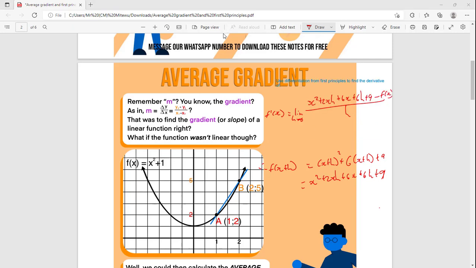Okay, so now I've replaced f(x + h) with this expression, which is just f(x + h) written in other words, right? Then I now have to replace this thing with f(x), because this is where I put f(x). So f(x) is just the original function. Instead of x + h here, it's going to be x² + 6x + 9.